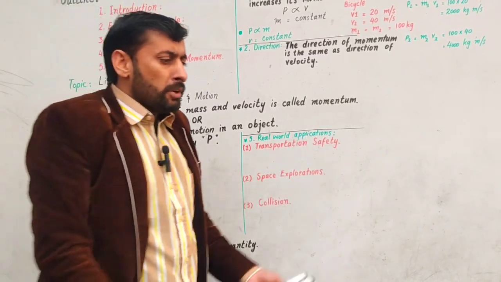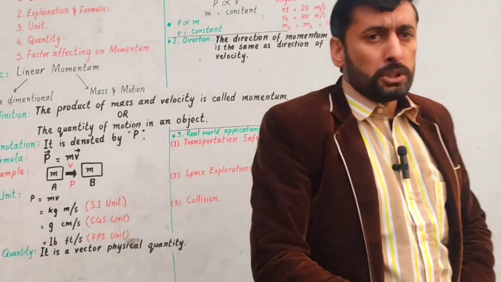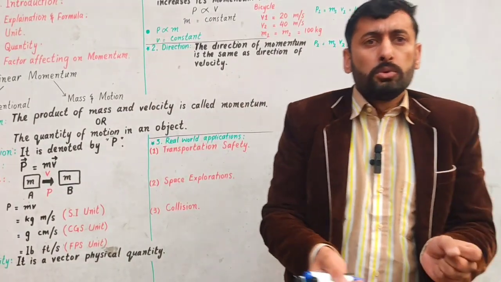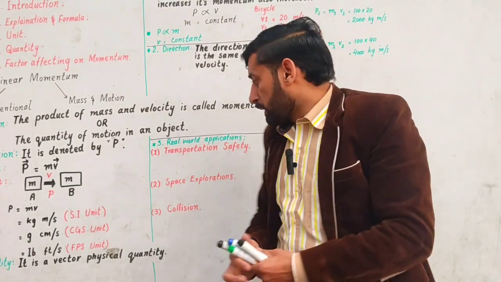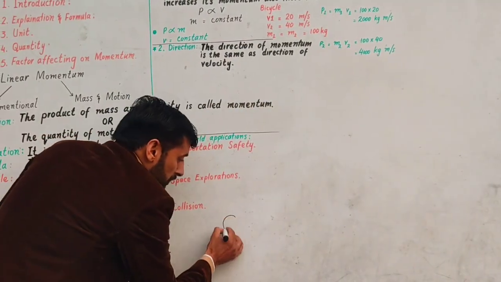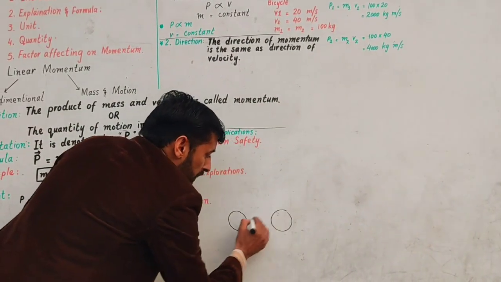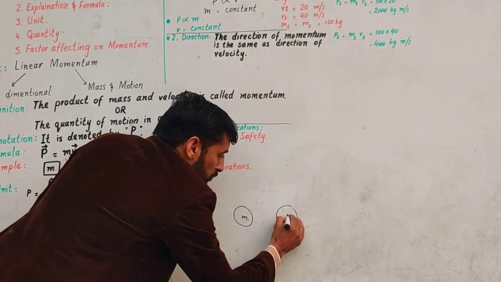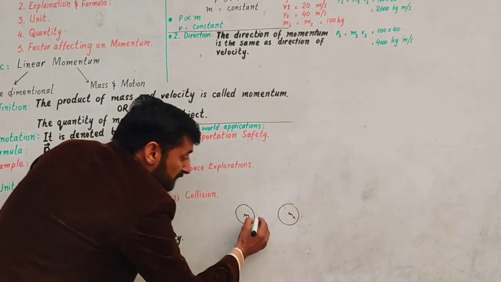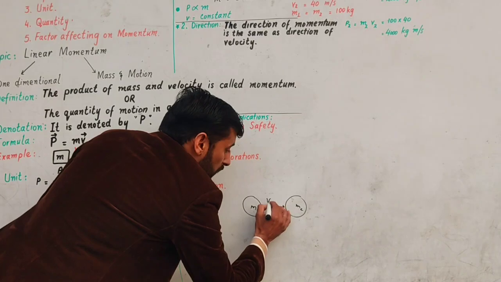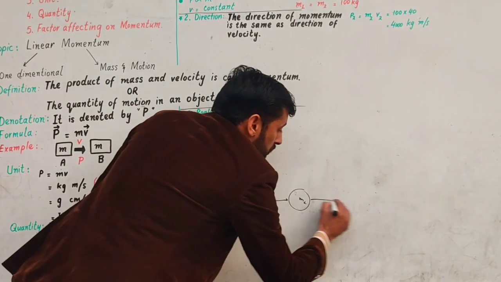In daily life, we have seen many things which collide. Consider the collision of billiard balls. Let's suppose this is the first ball, m1, and this is the second ball, m2. These are the masses. The first ball collides with velocity v, so the balls change velocity.